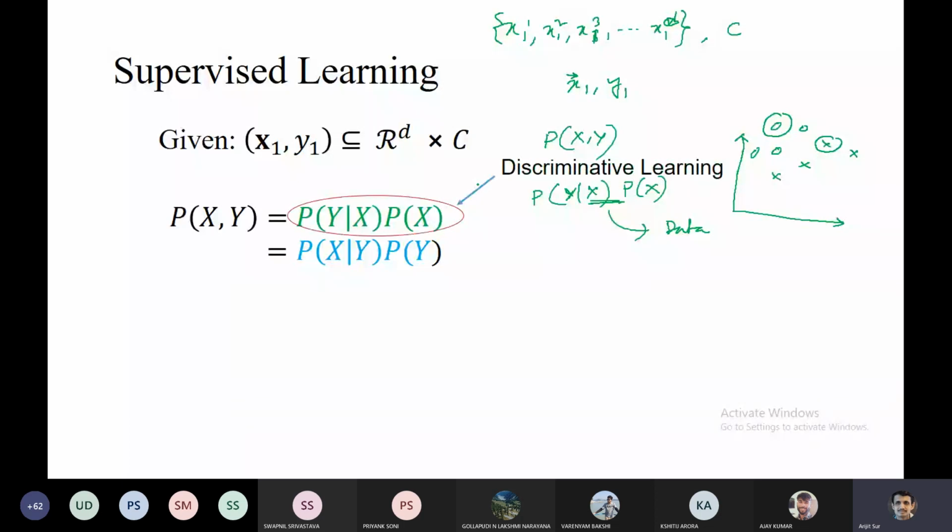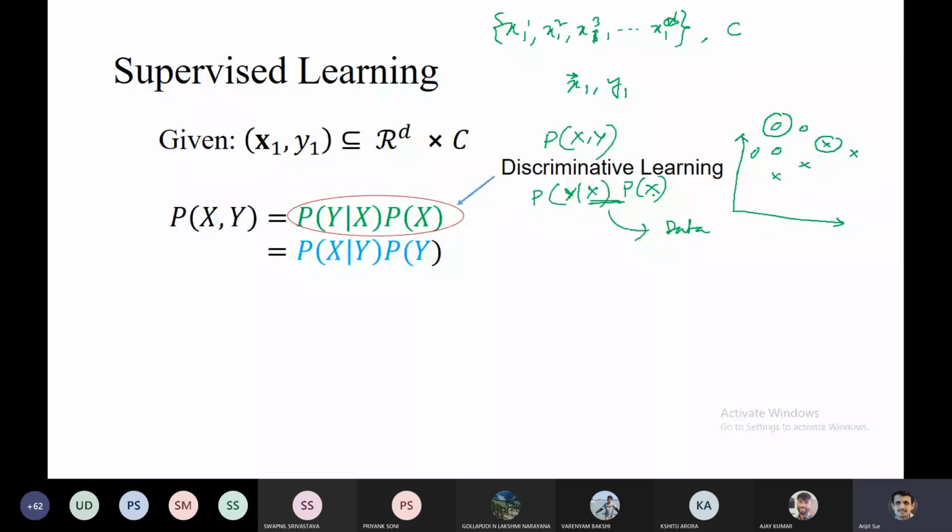Most of the classifiers we see in our supervised setting are discriminative in nature.